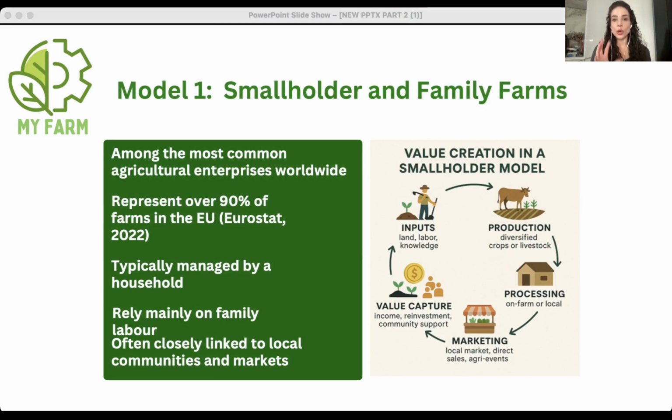In terms of smallholder and family farmers, these are among the most widespread forms of agricultural enterprise at global levels. In the European Union, family farms represent more than 90% of all farms. These operations are usually managed by a household and rely predominantly on family labor.